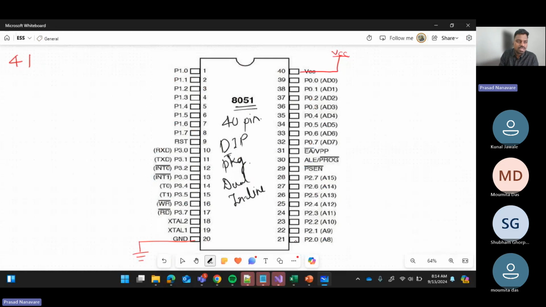There are a total of 4 ports in our controller, and each port has its own function. All 4 ports are bidirectional input output ports, but a few ports are multi-purpose.